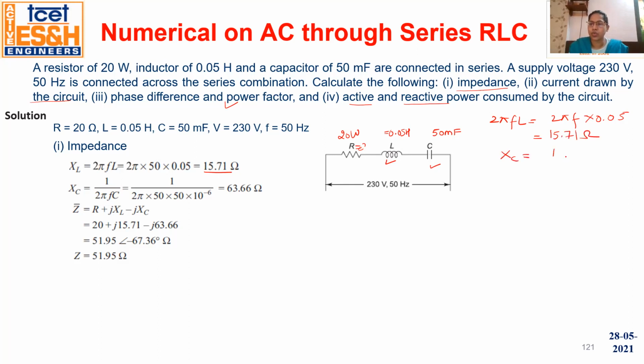XC is equal to 1 upon 2 pi f C, where C is 50 times 10 to the power minus 6 farad. After solving, its value is 63.66. Now we have the formula for Z equal to R plus J (XL minus XC).